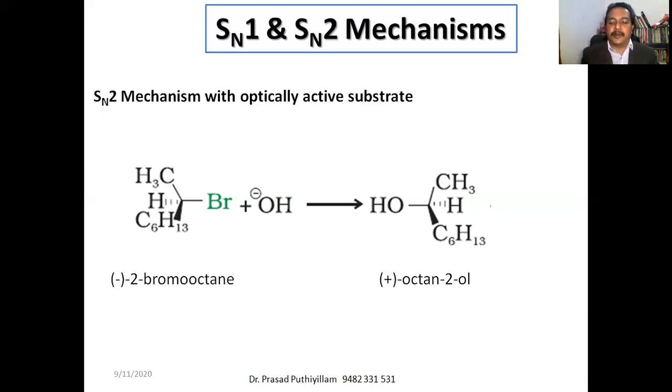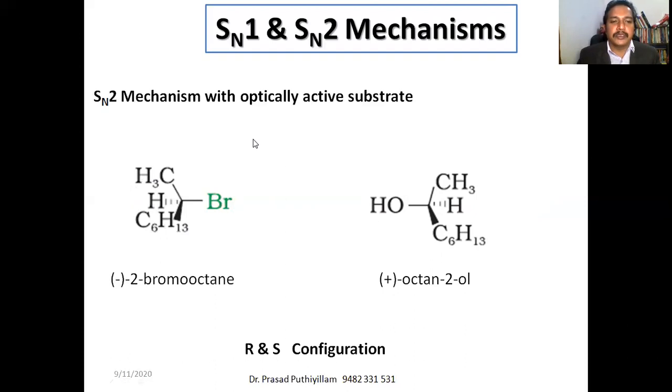It rotates the plane polarized light to the right or clockwise direction, and Br minus is removed from the molecule. If you consider the RS configuration priority order, bromine will get the first priority, then carbon connected to another carbon will get the second priority, carbon connected to hydrogen will get the third priority, and hydrogen will get the least priority.